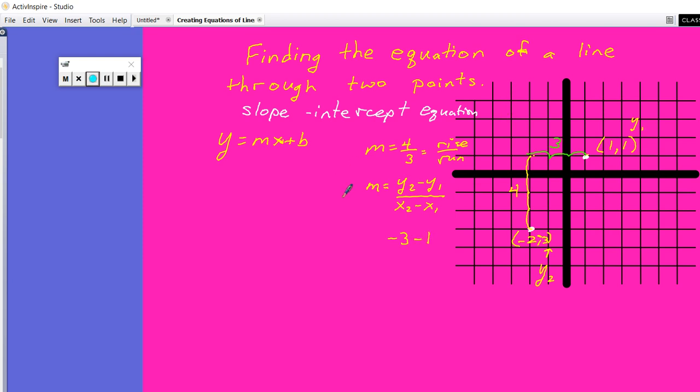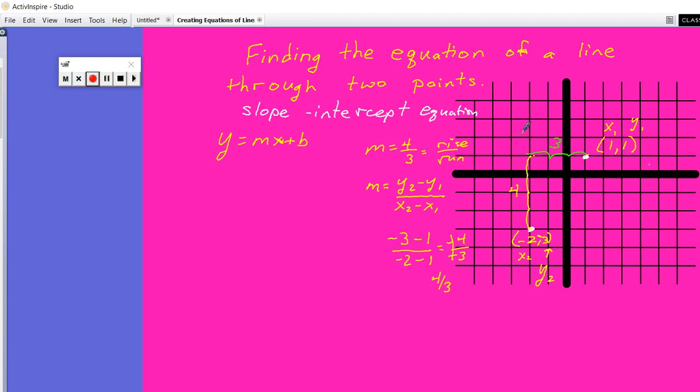So negative 3 minus 1. And now I'm going to go my second x, which is negative 2, minus my first x. So this becomes negative 4 over negative 3. A negative divided by a negative is a positive, so that gives me a slope of 4/3.